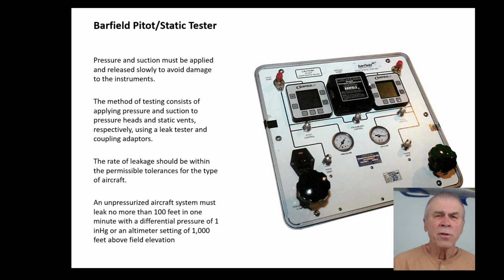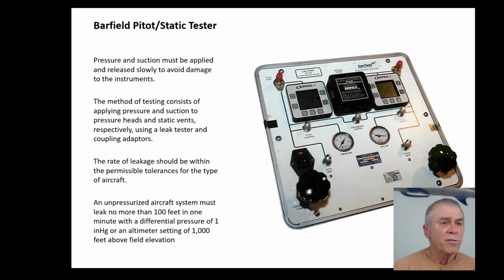And here's the Barfield tester. It's pretty much standard. And we do have this in the hangar. So pressure and suction must be applied and released slowly to avoid damage to the instruments, which is a good rule of thumb altogether.